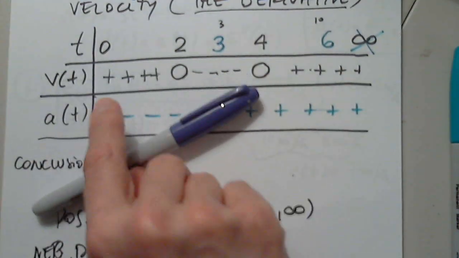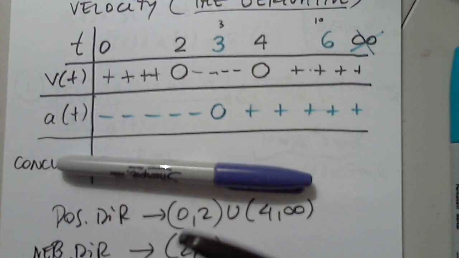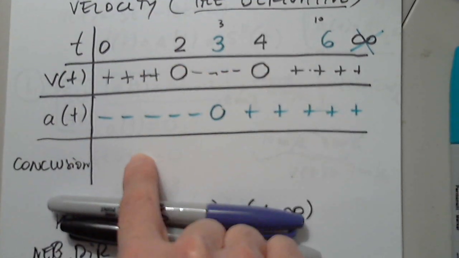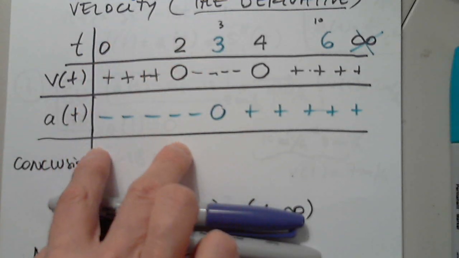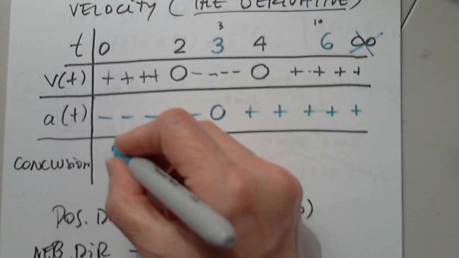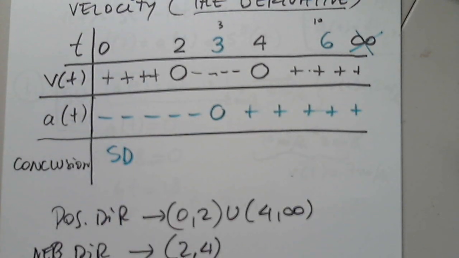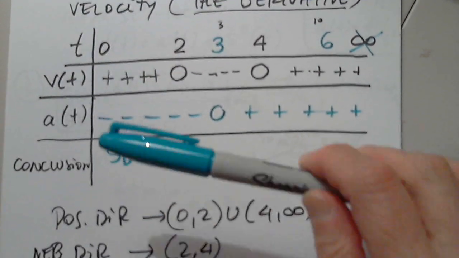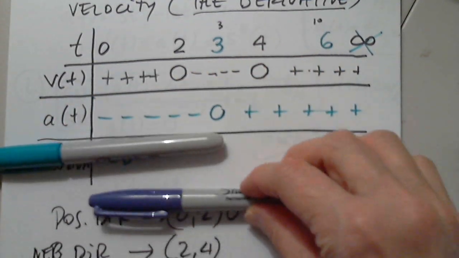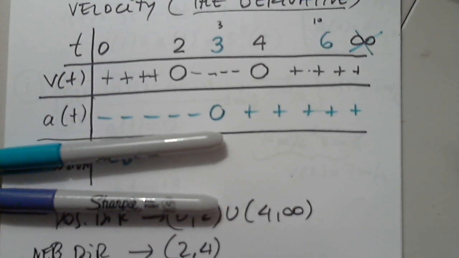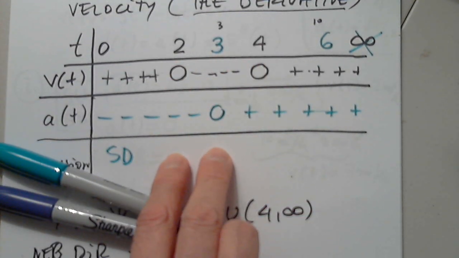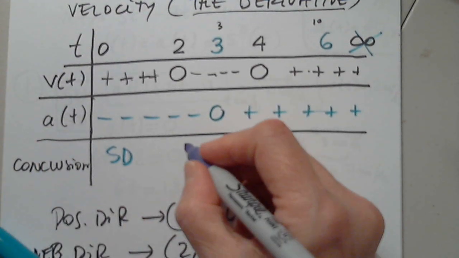When the velocity is positive and the acceleration is negative, what does the particle do between 0 and 2? Slowing down. Between 2 and 3, the velocity goes this way, the acceleration goes this way. What does the particle do between 2 and 3? Speeding up.